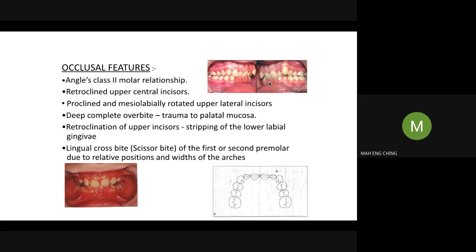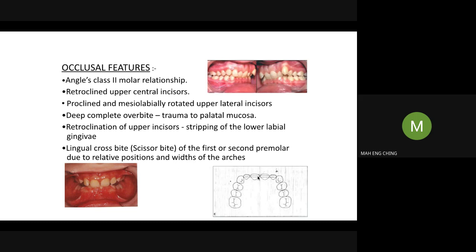So the lingual crossbite or scissor bite of the first, second molar, which is commonly found in class 2 division 2, is due to the relative position of the width of the arches. So imagine if this upper incisor retroclines a little bit, then the premolar width is going to increase because everything will squeeze back.